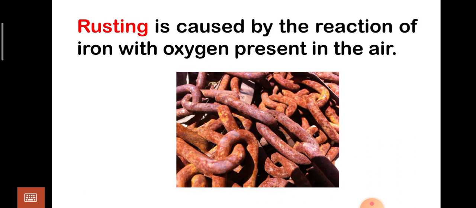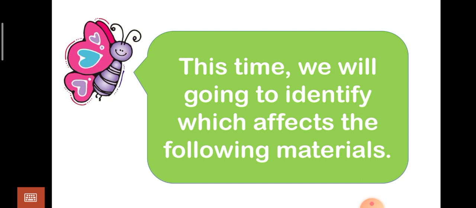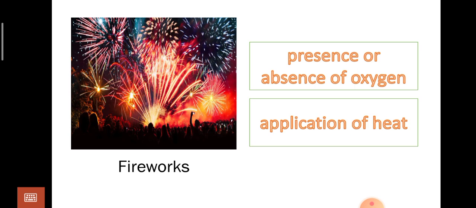Rusting is caused by the reaction of iron with oxygen present in the air. This time, we are going to identify which affects the following material. So, balikan natin yung presence or absence of oxygen and yung application of heat. Okay.